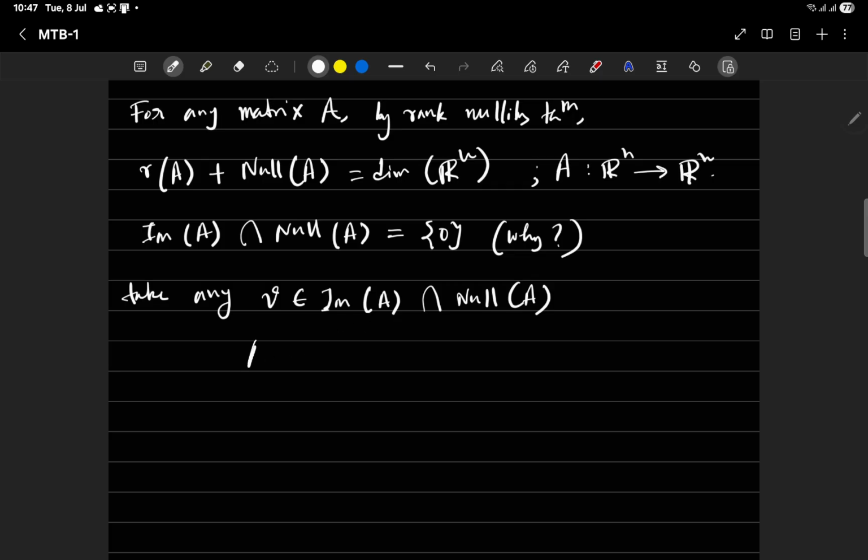So V belonging to the image means AV equal to V, you all know by the projection map property. AV equal to V if V is in the image. And why is this true? Okay, let us see why this is true.